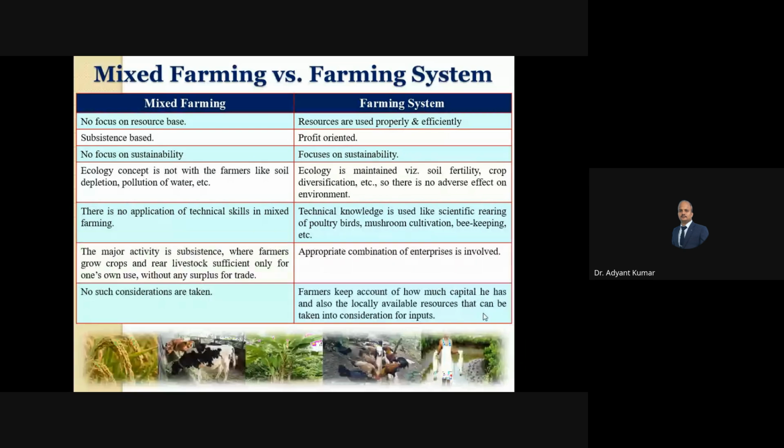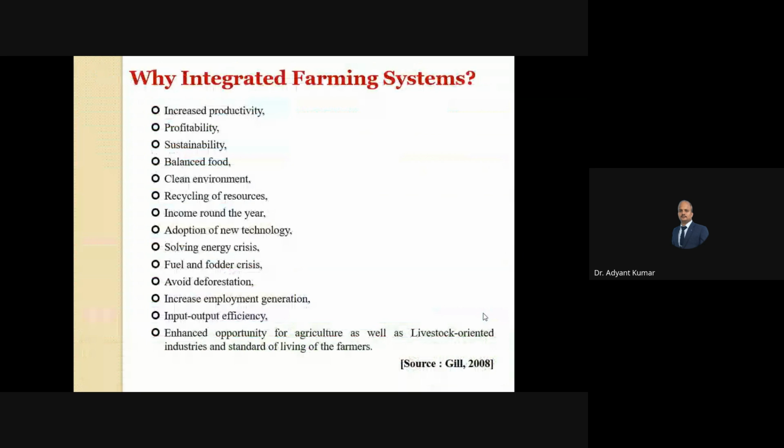You can go through the slide and see that farming system is profit oriented while mixed farming is subsistence based. These are the advantages of farming system: productivity, profitability, sustainability, balanced food, clean environment, recycling of resources, income round the year, adoption of new technologies, and solving energy, fuel and fodder crisis.